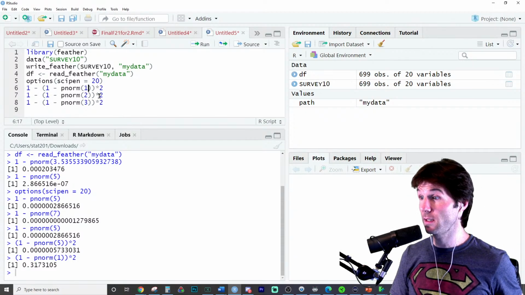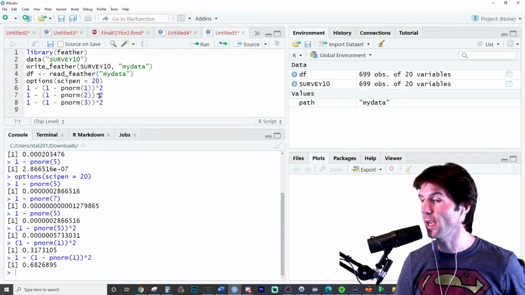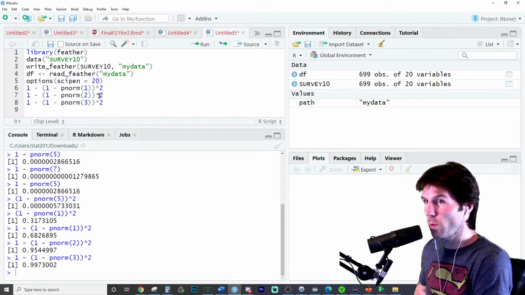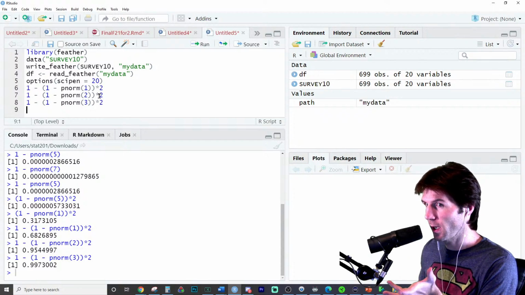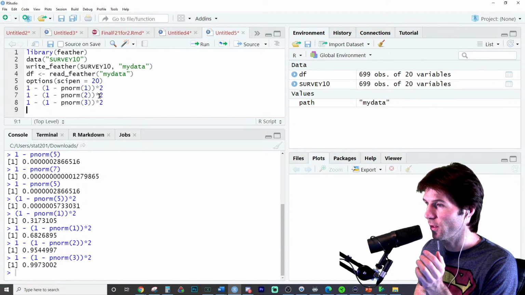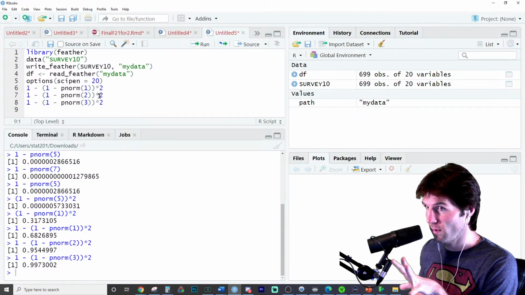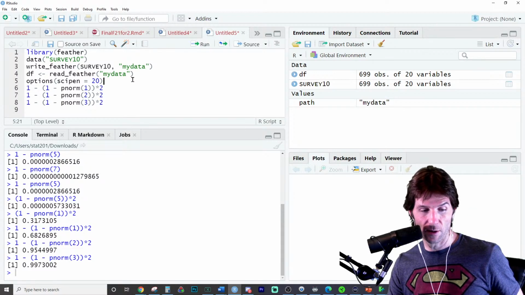I have just recreated, wait for it, 68, 95, 99.7. These are the actual percentages found via software, a more fine calculation: 95.449, 99.73. When we do 68, 95, 99.7, these are rounded from more decimals carried out.